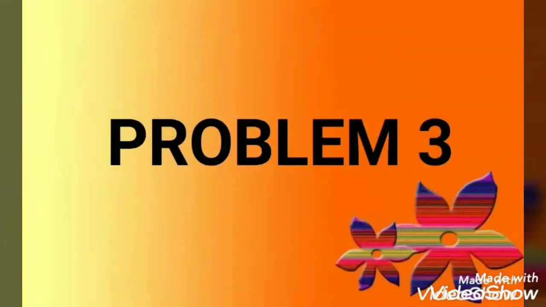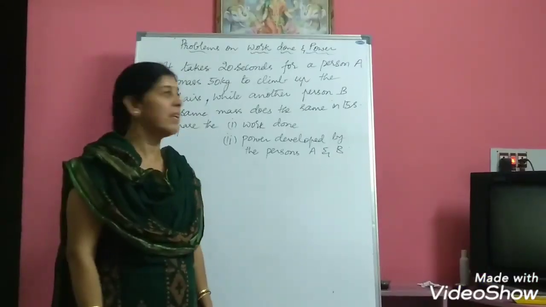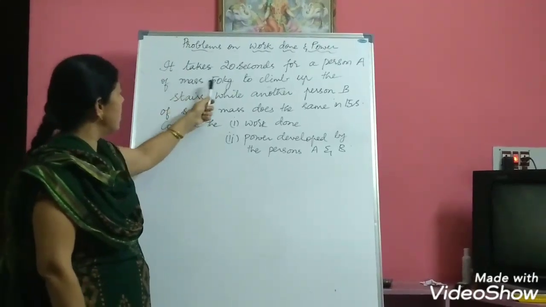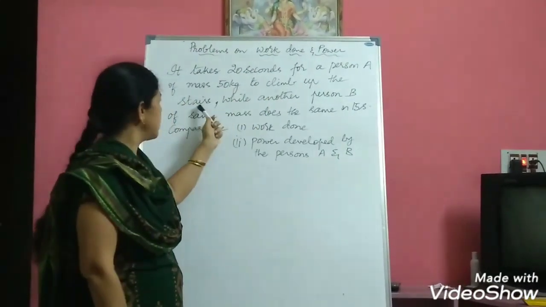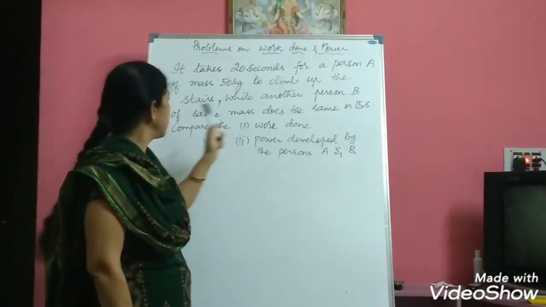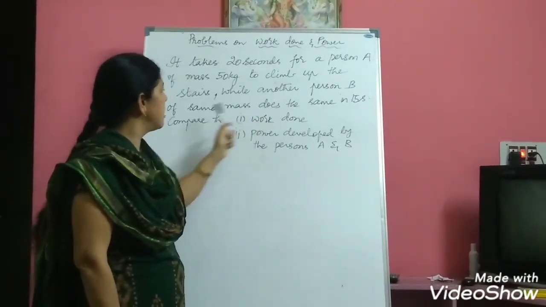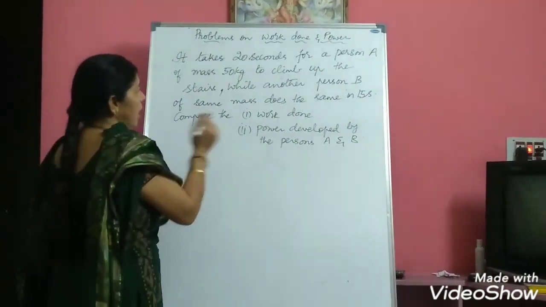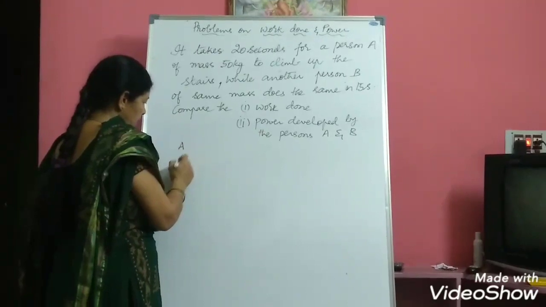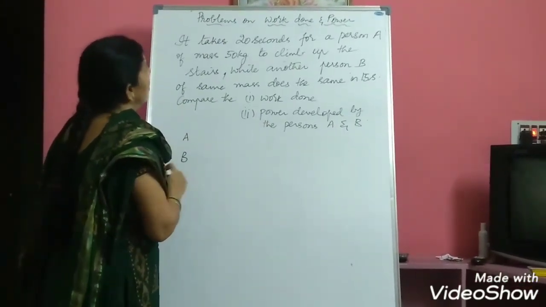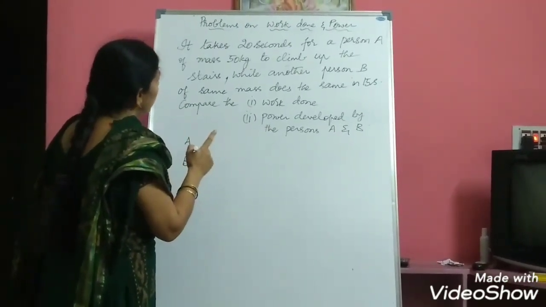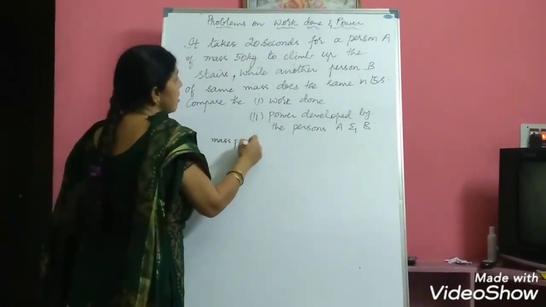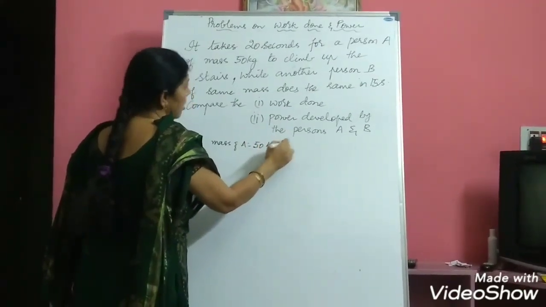It's another problem we have. It takes 20 seconds for a person A of mass 50 kg to climb up the stairs, while another person B of same mass does the same in 15 seconds. Now, what is the problem he has given? We have two persons A and B. Mass of A is equal to 50 kg.